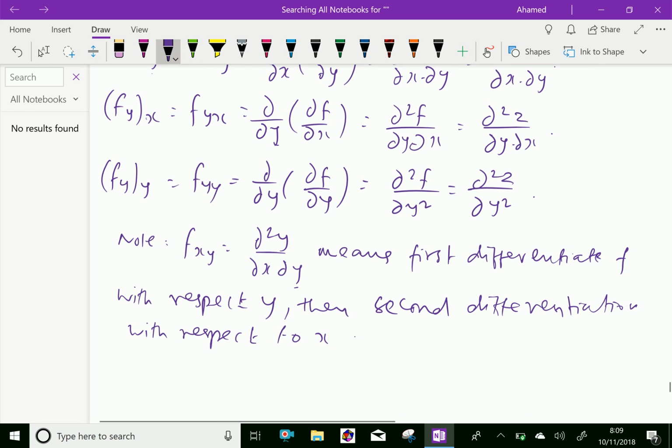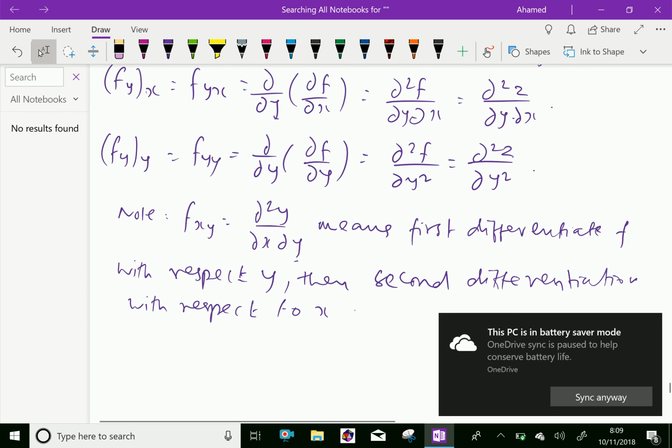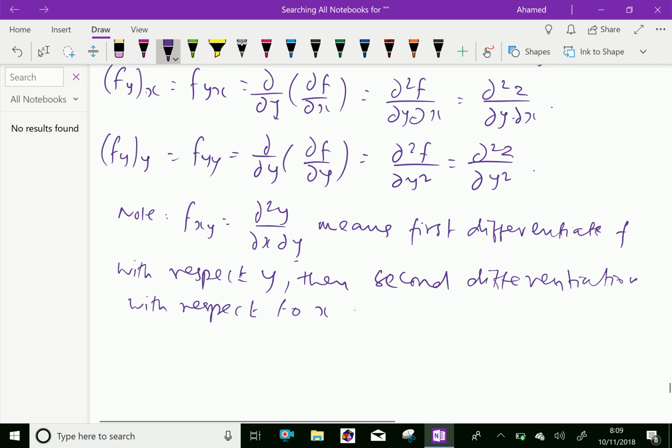Like that, if you are doing dou square f by dou y dou x, it means first you have to differentiate with x, then with y, the opposite.